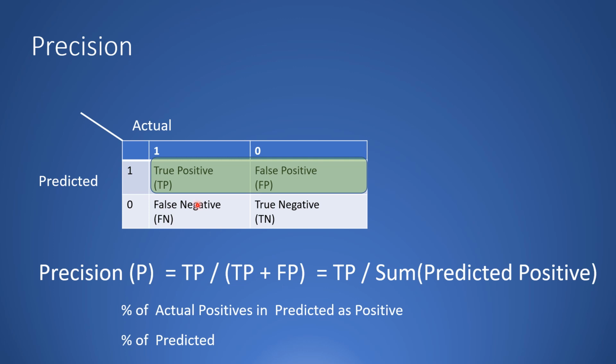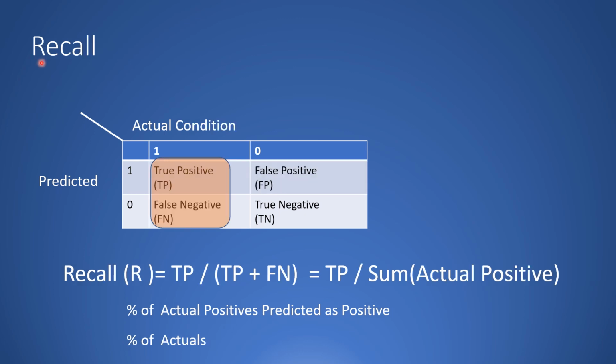Or you can say it is true positives divided by the sum of predicted positives. It is the proportion of actual positives among those predicted as positive. So you can say that it is a percentage of the predicted positive population. This is precision.